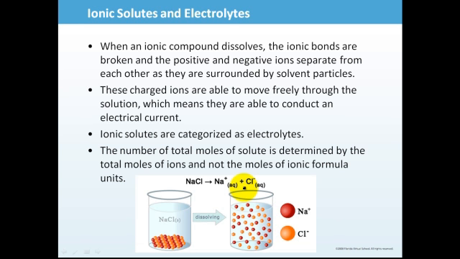Okay, we don't care what they are, we just want to know how many particles there are. Well, in this case, for every NaCl that is dissolved, we actually will have two solute particles in solution. So when we deal with ionic compounds, we have to take this into account when we're talking about colligative properties.